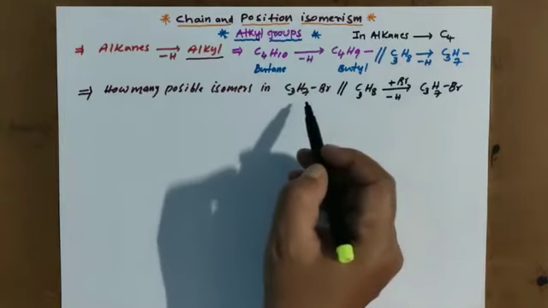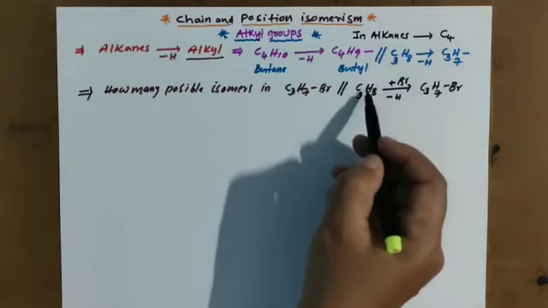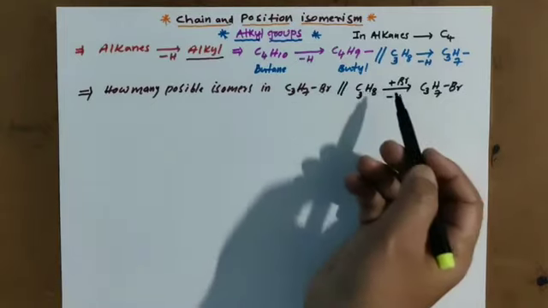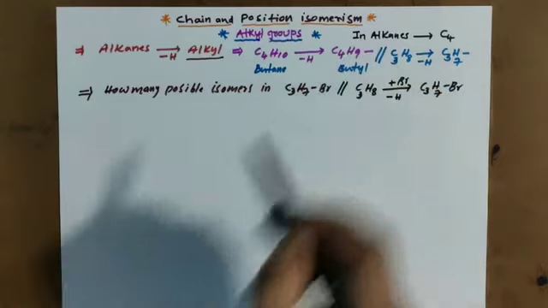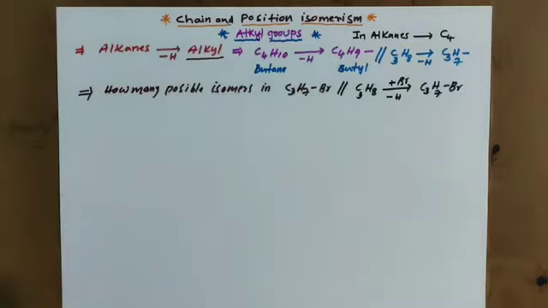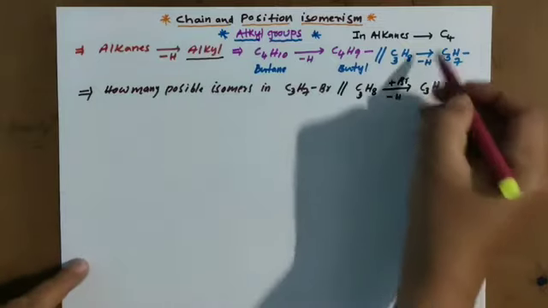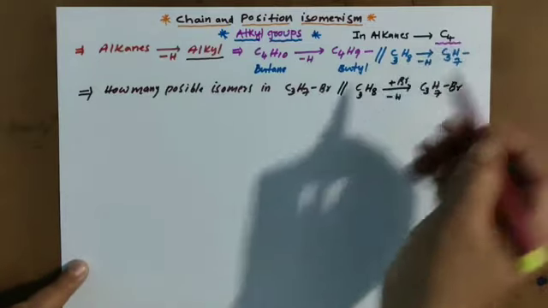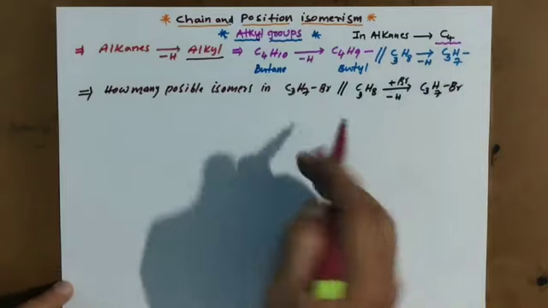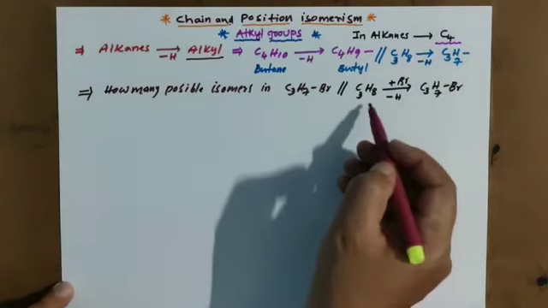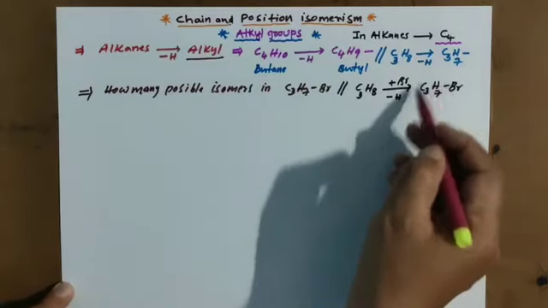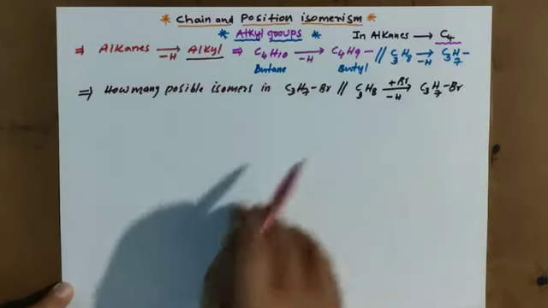You know very well, in propane, no isomers. Propane is an alkane, and initially I told, in alkanes, minimum how many carbon atoms do we need? 4 carbon atoms. With propane, no isomers. But in propyl, C3H7, we have isomers.